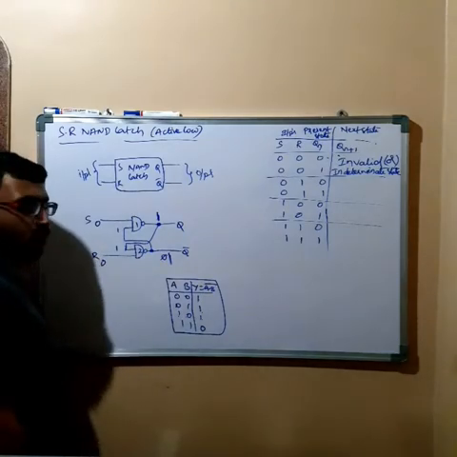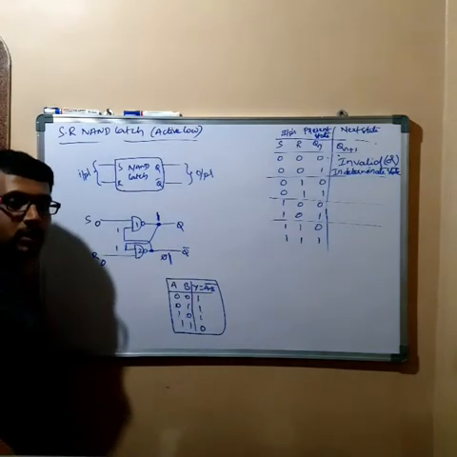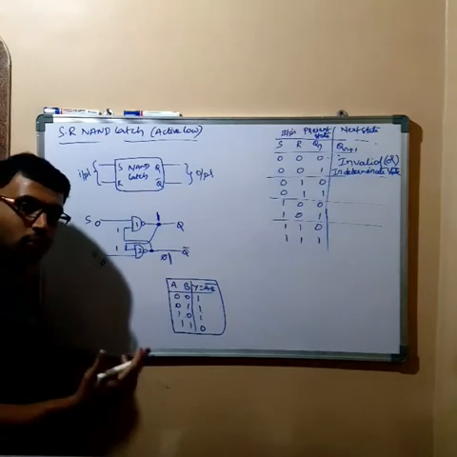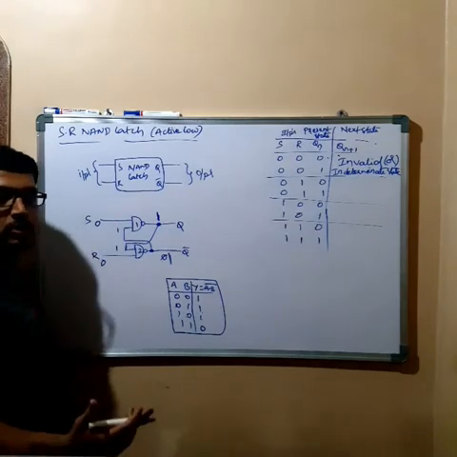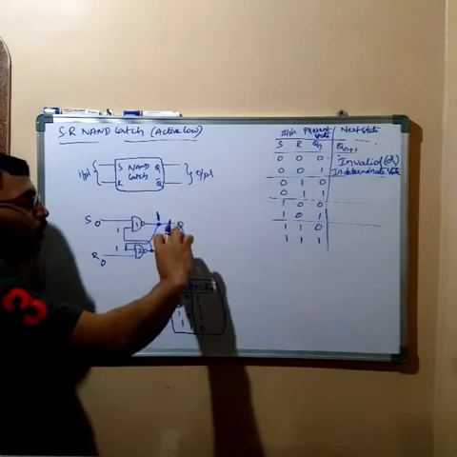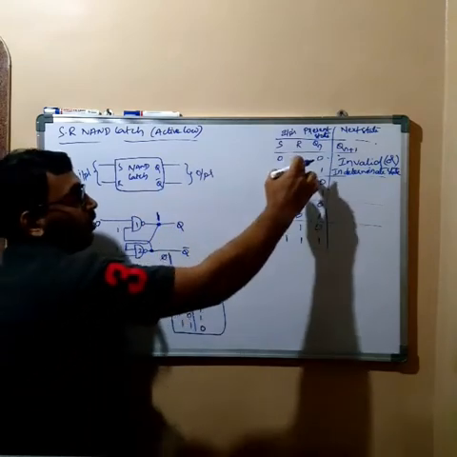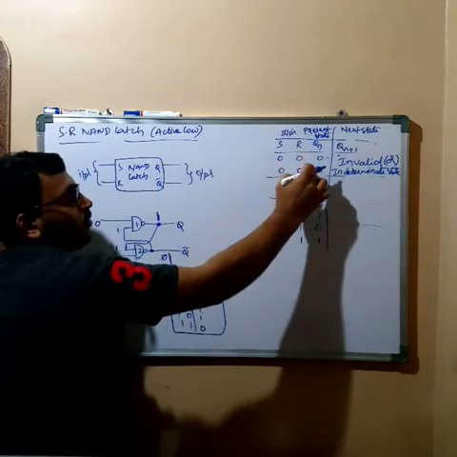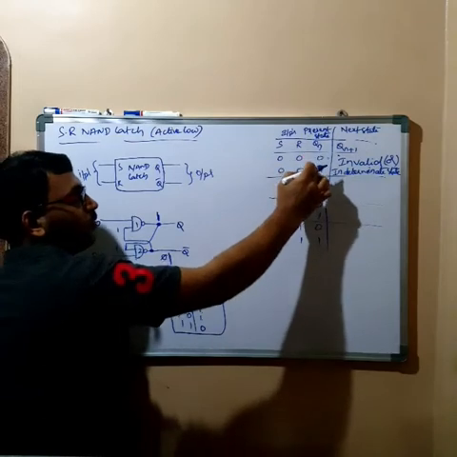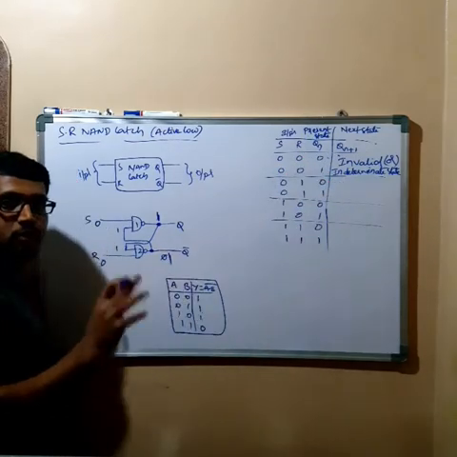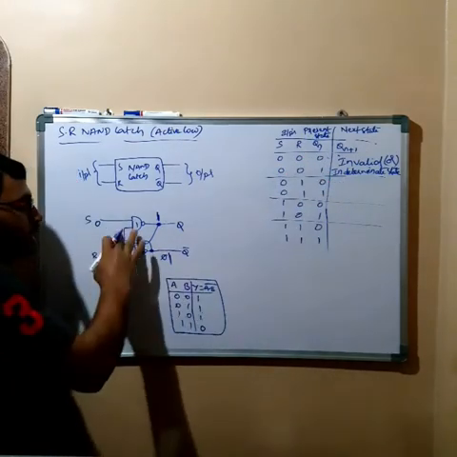If the true output is 1, you have to get the complemented output as 0. If the true output is 0, you have to get the complemented output as 1. But here for the same inputs S and R with different present states 0 and 1, they are getting 1 1. So it is not valid.